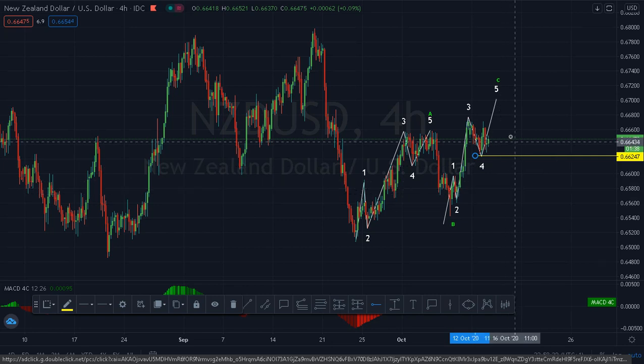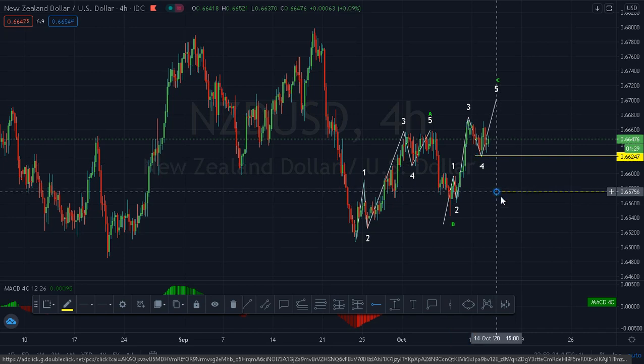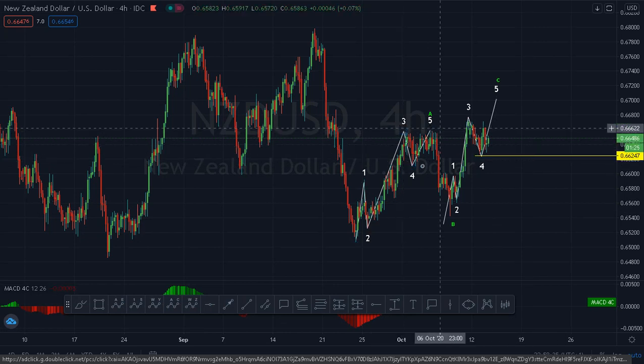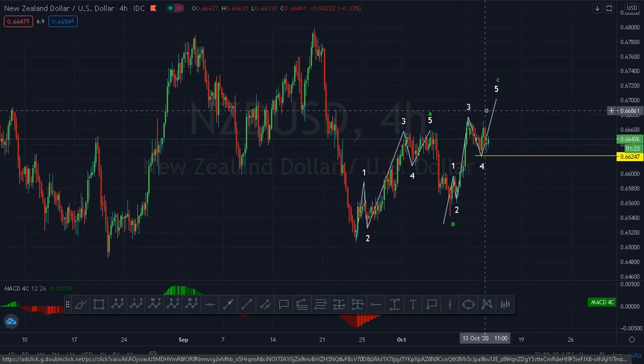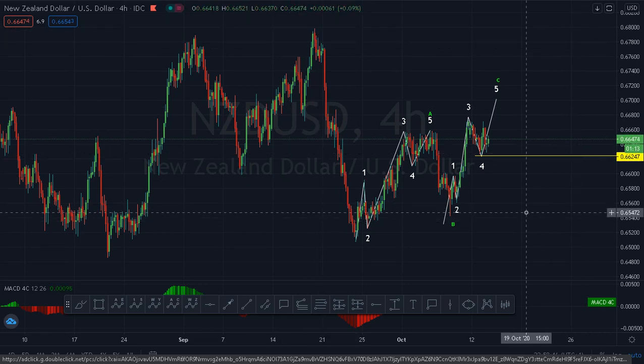If price breaks here with speed, on any pullback we will join the selling, because what it means is that this correction is over, that we have ended here. If we don't get another push up but a sharp drop here, then we join the sell and expect what happens here to happen again. So that's the beauty of Elliott wave.